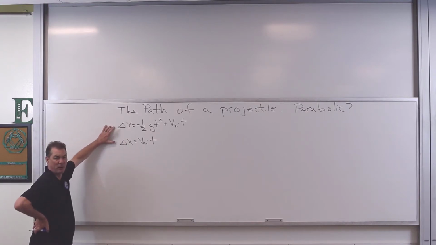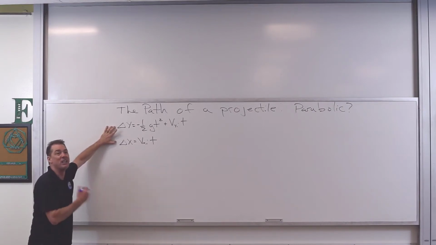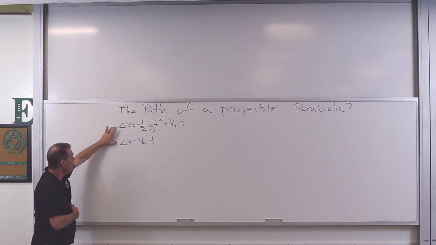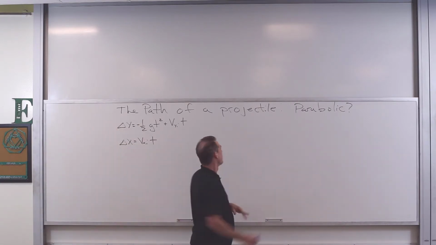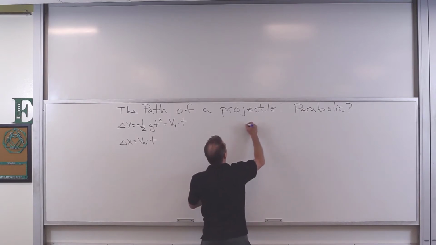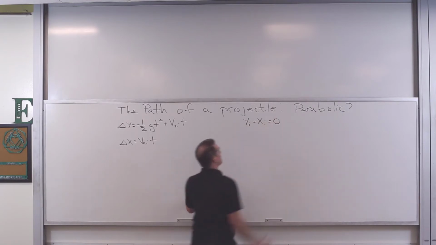All right, so what we want to know is what's the correlation between the displacements itself. The displacement's really related back to its position based upon the difference in its location with respect to its initial position. So let us say, just for argument's sake, this is the easiest way to show this, that y initial is equal to x initial is equal to 0.